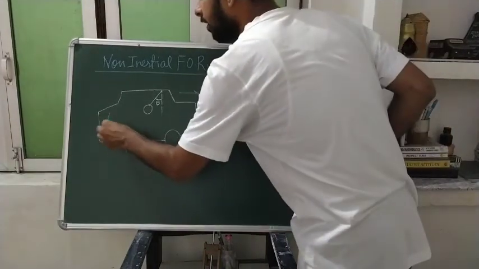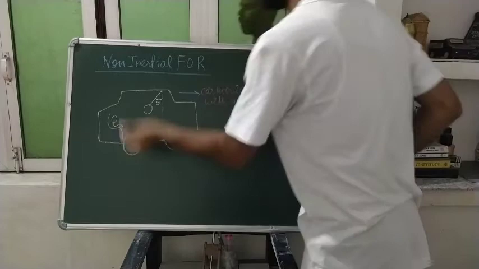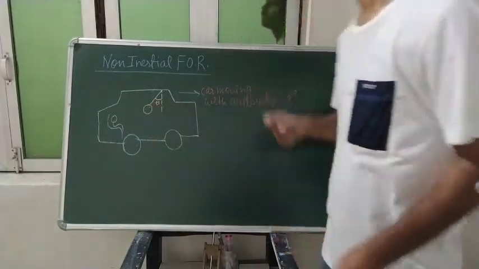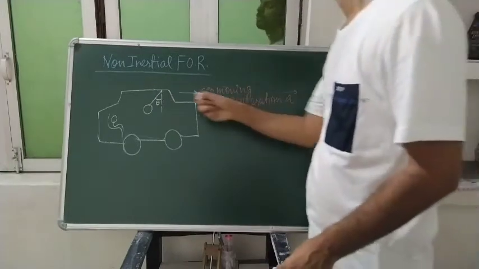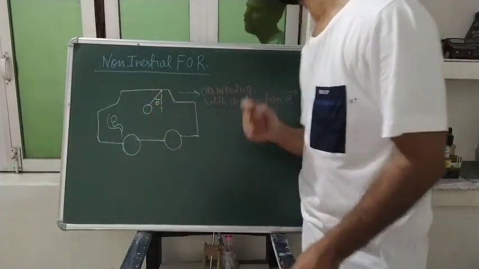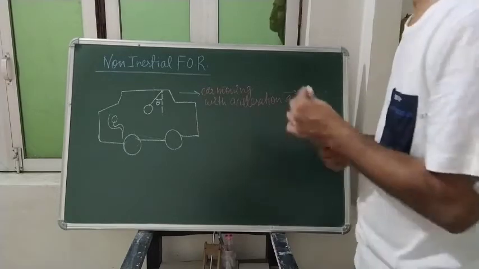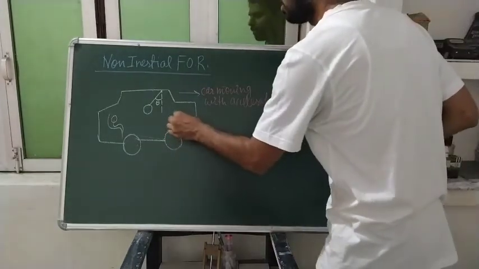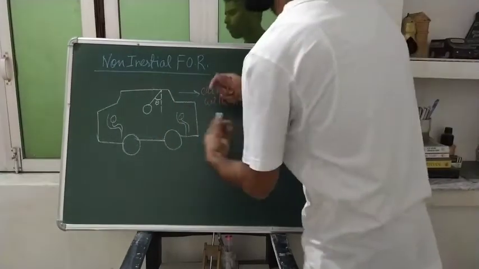And you are present here and observing this bob and string arrangement, or you can say the pendulum. You can have the driver here as well, but we will not talk about that.